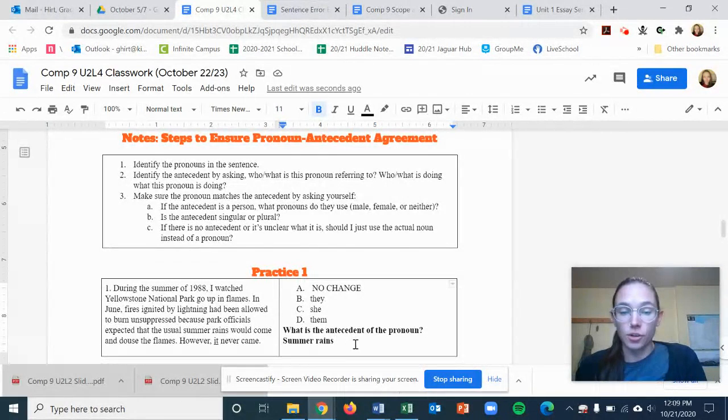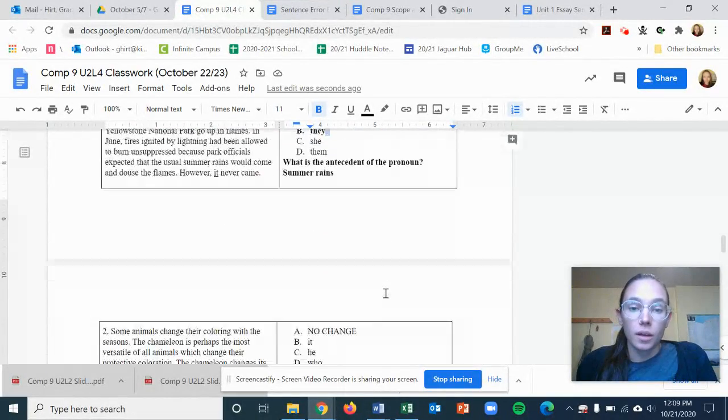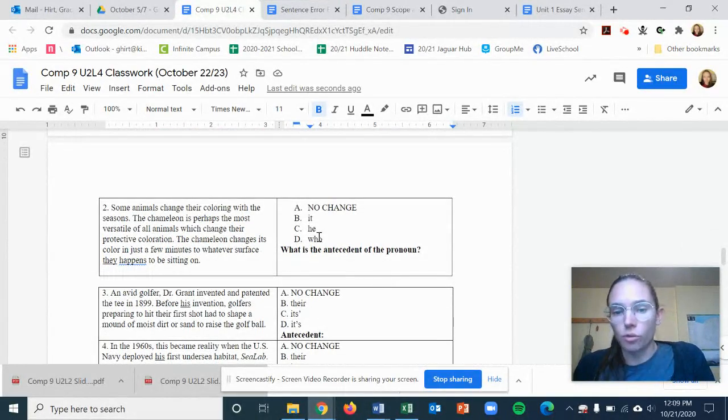Go ahead and enter your answer into the Edpuzzle. Okay, so yes, if you said they, then you are correct. However, the summer rains, they never came. Okay, so let's go through one more together, using those steps.